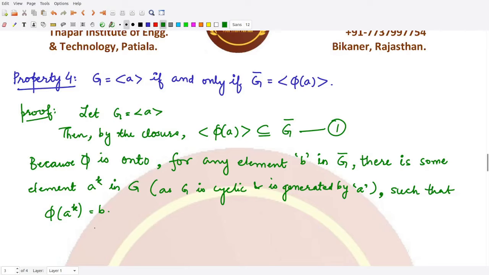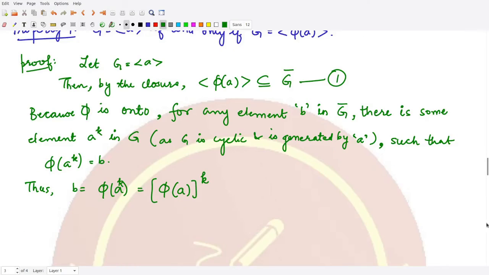So we have written this B, which was a member of G bar, as phi of A to the power k, which we can write as phi of A whole raised to power k, using the property we studied previously, property 2. So we have written B as some power of phi of A, and B was some element in G bar.